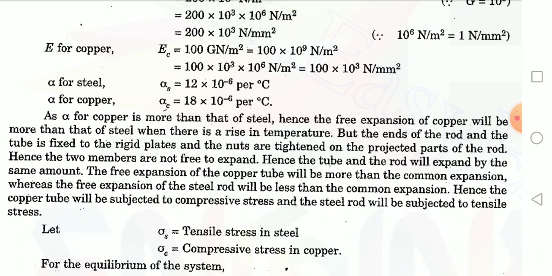Okay, but the ends of the rod and the tube are fixed to the rigid plates and the nuts are tightened on the projected parts of the rod. Hence the two members are not free to expand. So whenever there is a restriction, definitely there is a stress.